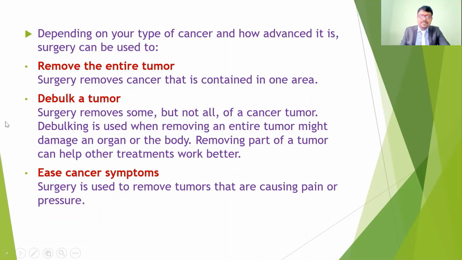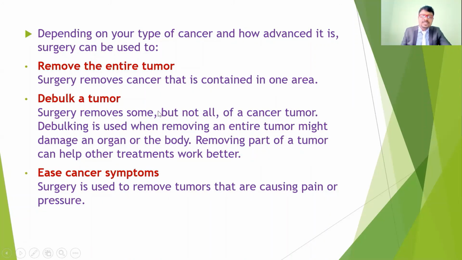The effect will be different, and some surgeries are going to remove the entire tumor. Here the surgery removes cancer contained in one area, maybe the complete stomach, or maybe the liver or pancreas. They remove the entire part of the involved structure. Sometimes they have to remove only some areas of the structure. That is called debulking a tumor.